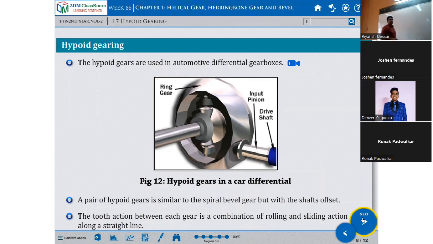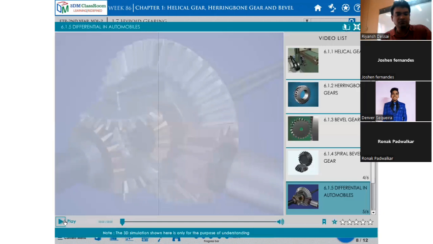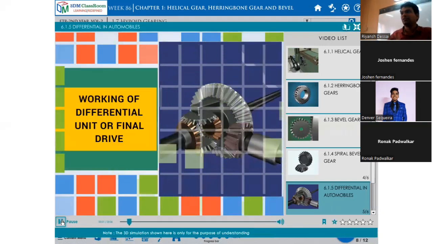This is called hypoid gears in a car differential. Watch this video. You will understand how it works inside a differential.